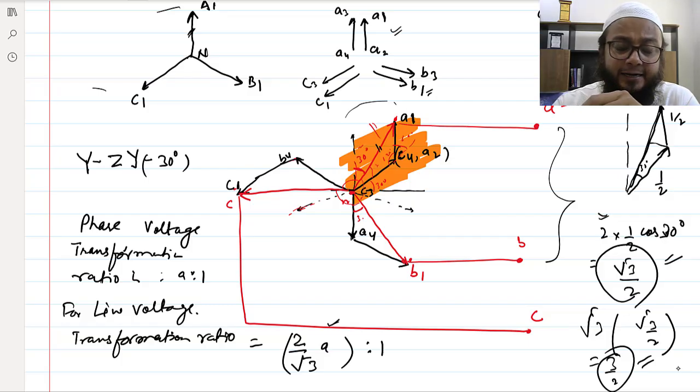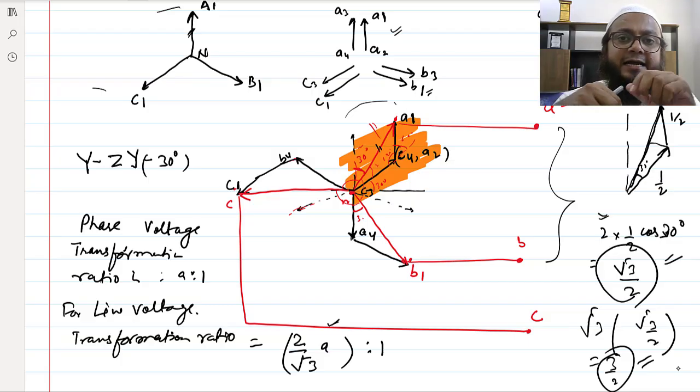And this unbalancing won't go beyond the delta connection, because all those unbalanced currents will circulate in the delta combination only. Think of the phase current in the secondary being unbalanced. That unbalanced current will reflect in the primary side as well.